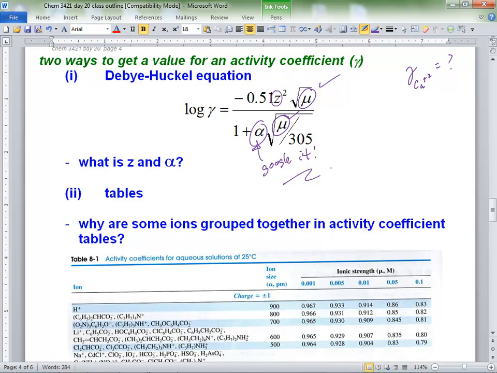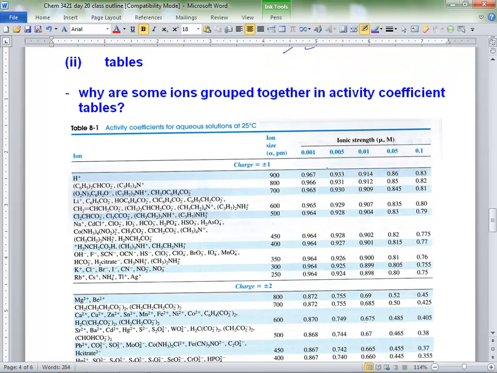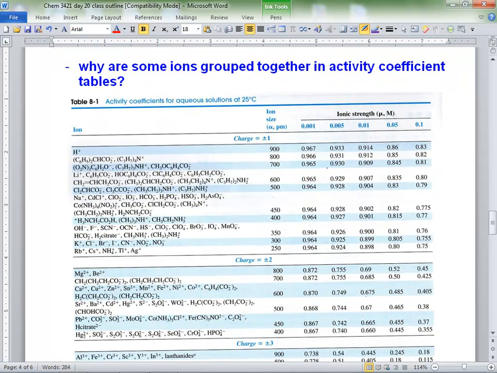Okay? We're going to use tables. We're going to use tables to get our activity coefficients. I scanned this, it's the one from your book, and it's not in there because I just did this, but you have it in your book. And notice how they grouped some ions, right? They grouped them because otherwise they'd just be repeating themselves.